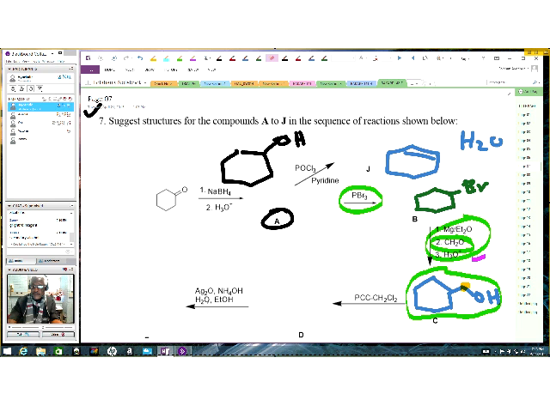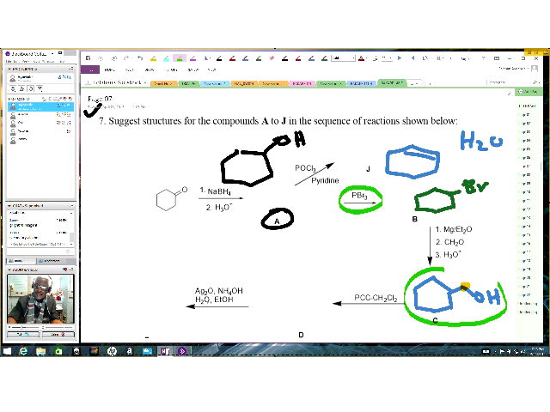Now they tell us to take compound C, which is this molecule here, and react compound C with PCC in methylene chloride as solvent.